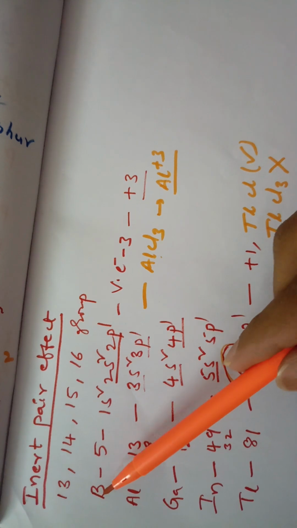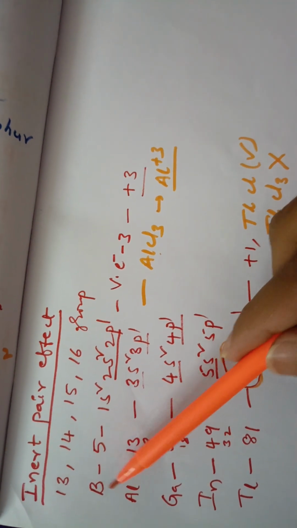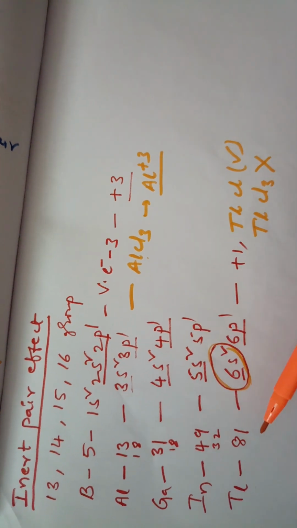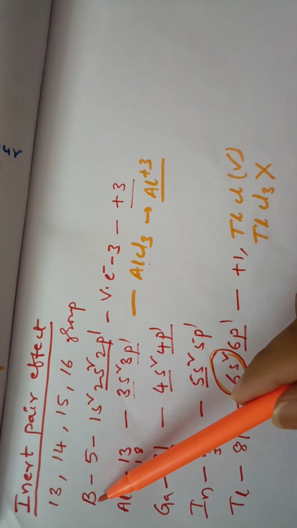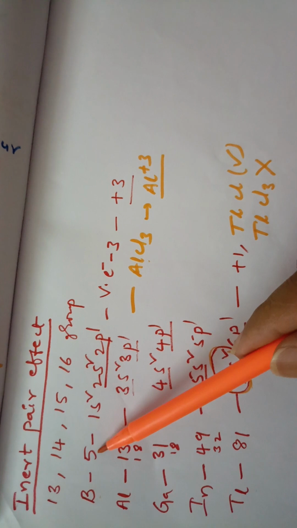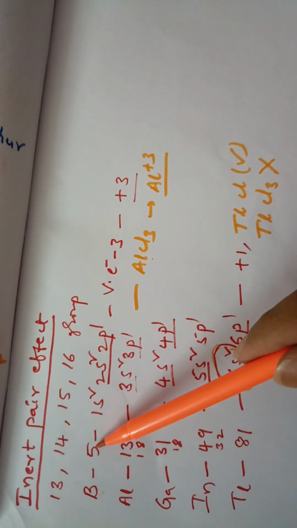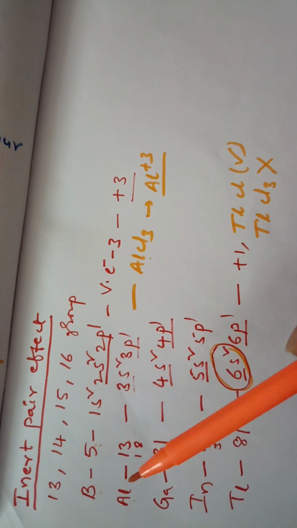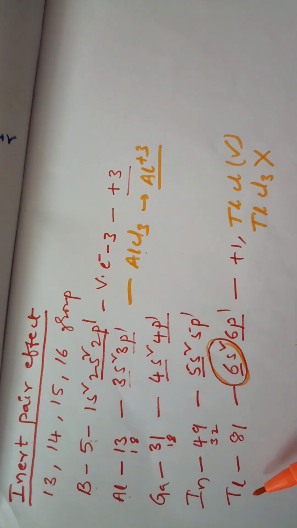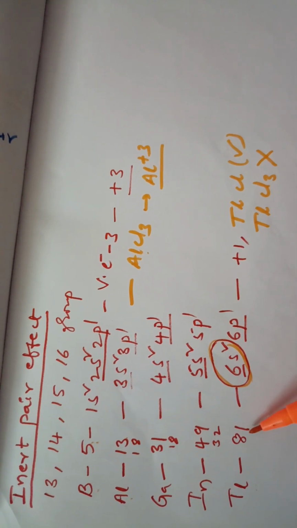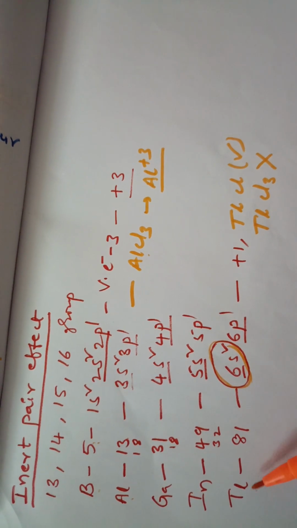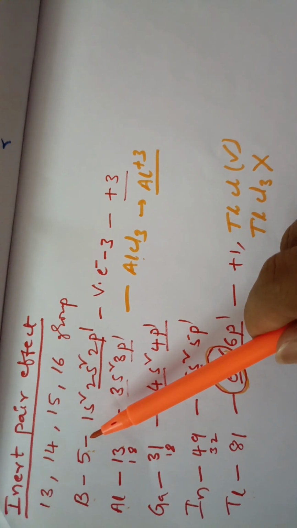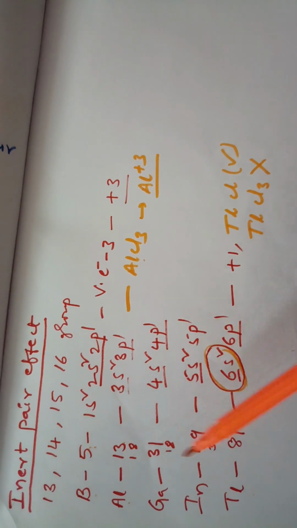Why means, moving from boron to thallium, atomic number goes from 5 to 81. Boron atomic number 5, it means this nucleus has 5 protons. Aluminum has 13 protons. Like that, thallium has 81 protons in the nucleus. So, the number of protons is increasing from boron to thallium.